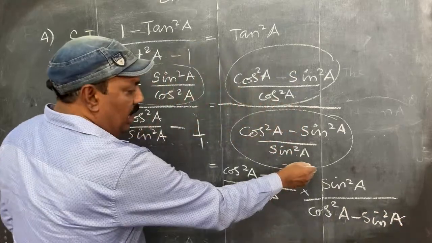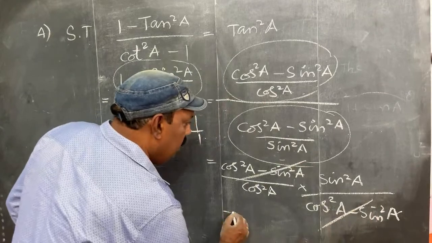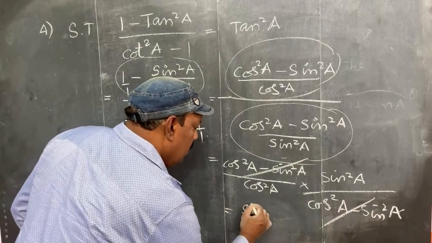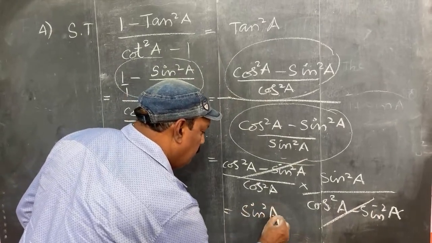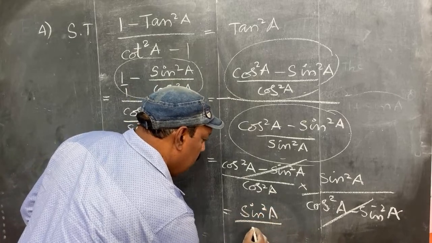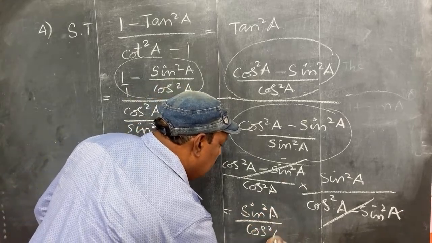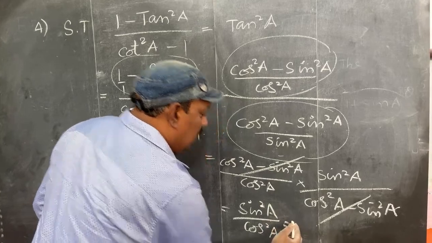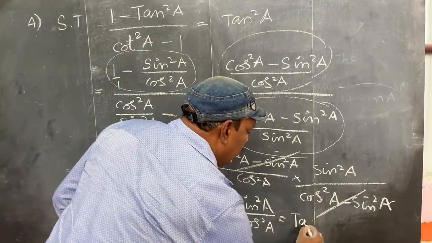Now cos square A minus sin square A is going to get cancelled. Left over is sin square A by cos square A. Sin square A by cos square A, according to the conversion formula, is tan square A.